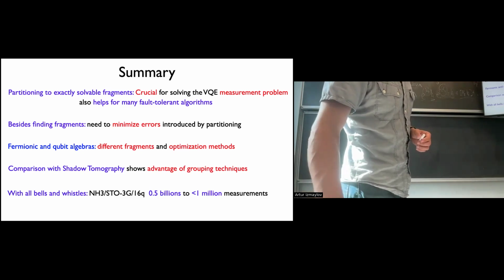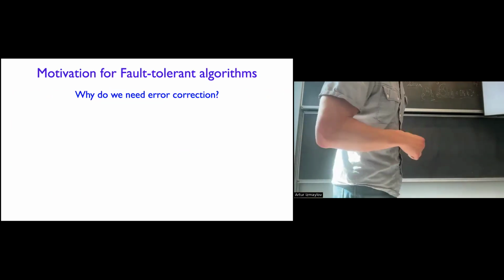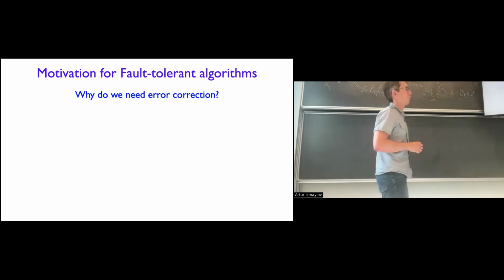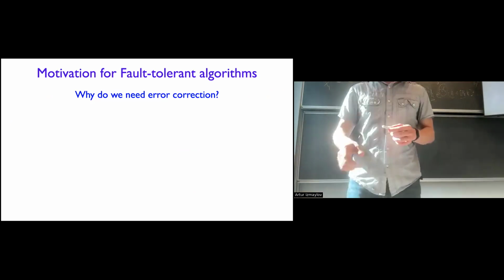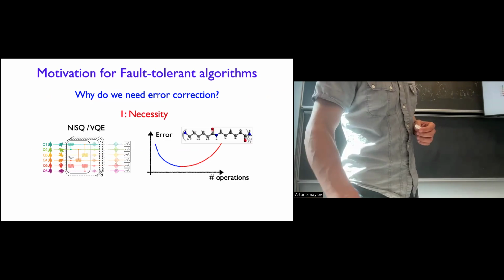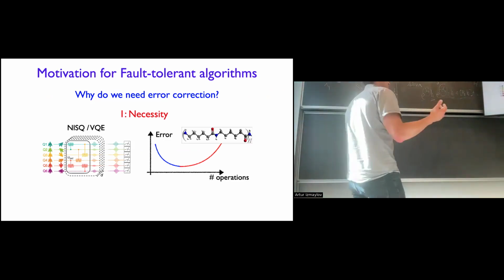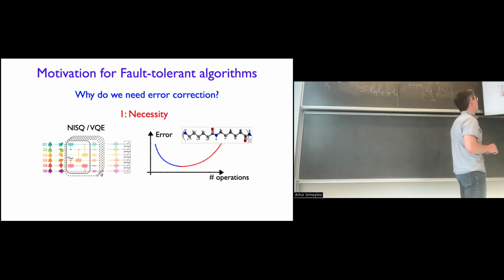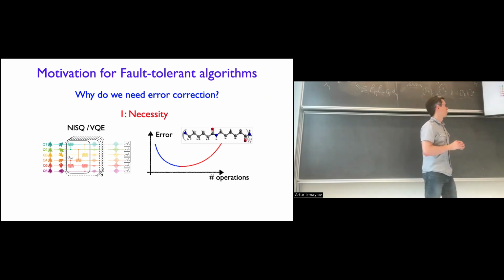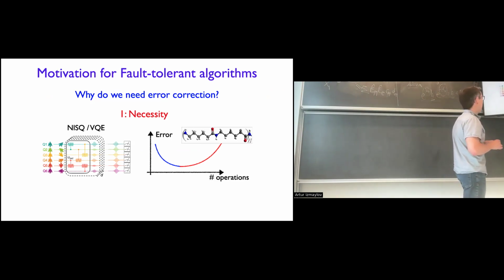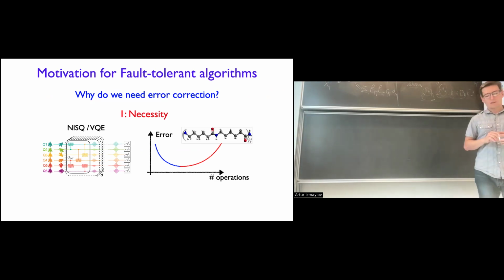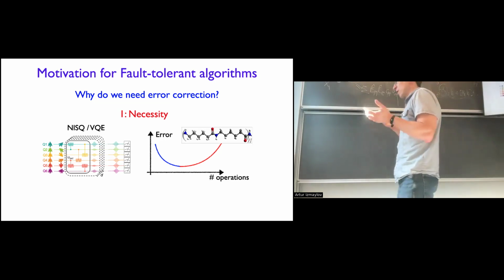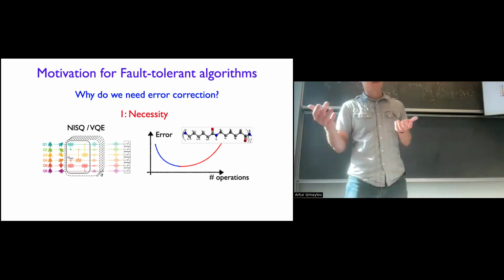All right. Now the next thing, a big topic, fault-tolerant algorithms, and the simple motivation. You already probably motivated that. Well, if we don't correct errors, they prevent us from doing stuff like even the measurement case, or prevent us from getting good results. But just to capitalize on that point, it's actually pretty bad, in the sense that a quantum computer is supposed to give you an algorithm that can compete with the classical, right?